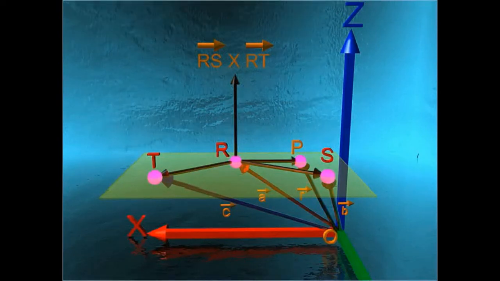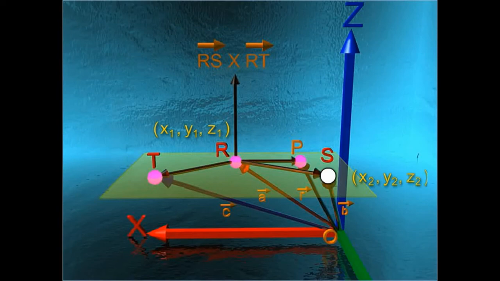Now, to obtain the Cartesian equation of the plane, let us assume that the coordinates of point R are x1, y1, z1, point S are x2, y2, z2, point T are x3, y3, z3, and point P are x, y, z.